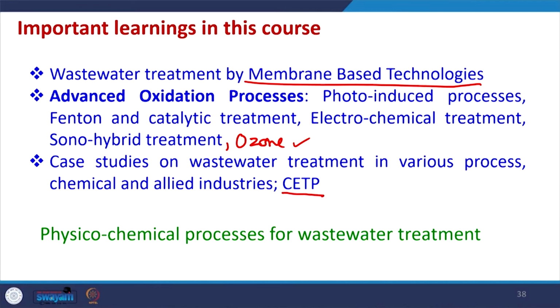So, we have studied all these strategies with respect to water and wastewater treatment which can be adopted in any industry, and for this we should understand the basic characteristics of the water and the amount of water being generated. So, we can use any of these techniques, physico-chemical processes, for wastewater treatment. So, with this we will end this course.